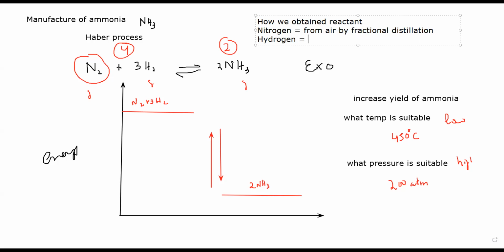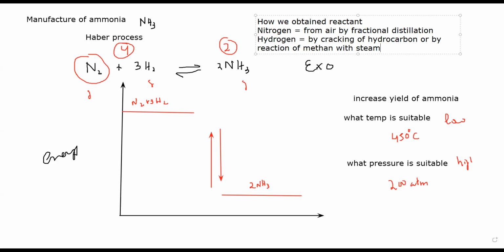So we can have hydrogen this way, by electrolysis, but the large scale production is by cracking of hydrocarbons, or from methane by reaction of methane with steam.